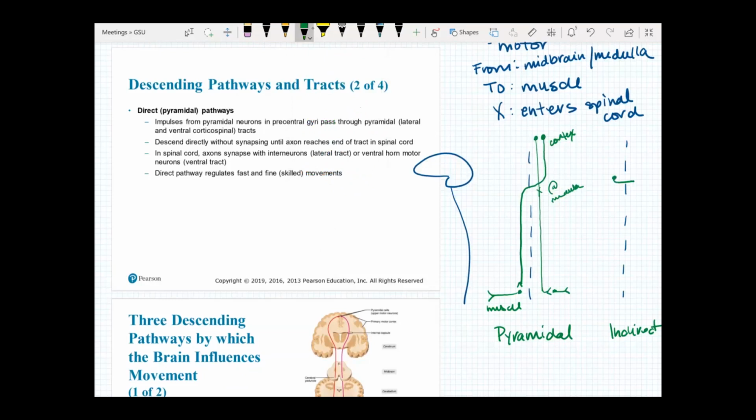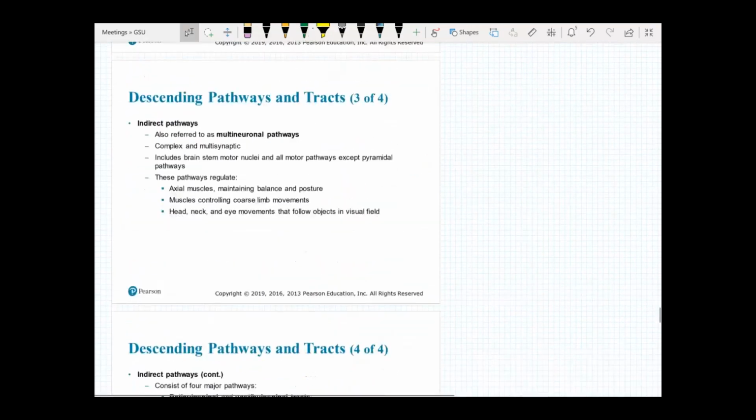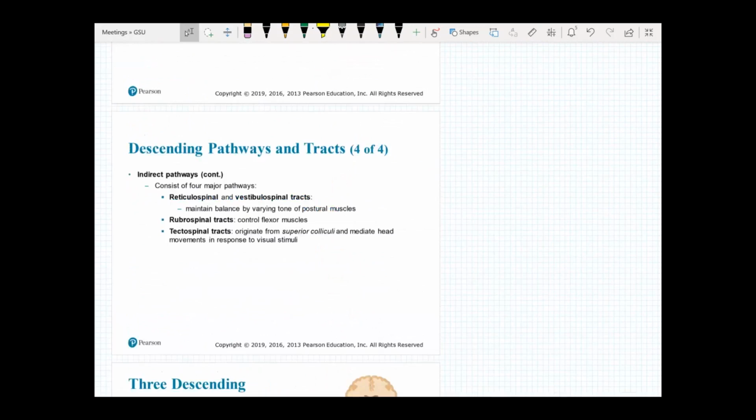And then it will go down the same side of the body, and then this will connect to the muscle somehow. But this would cross at the level it enters at the medulla. So you can see the difference between both of these types of pathways, with the direct pyramidal and the indirect or multi-neuron pathway, where it goes from the brainstem motor nuclei all the way down to the muscle itself.